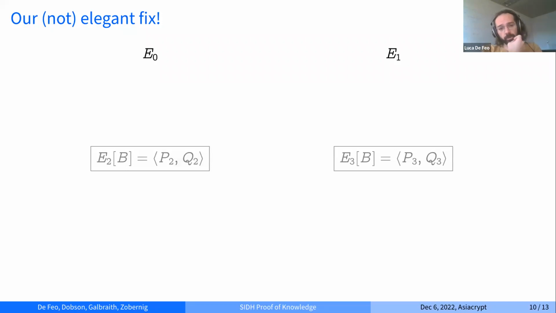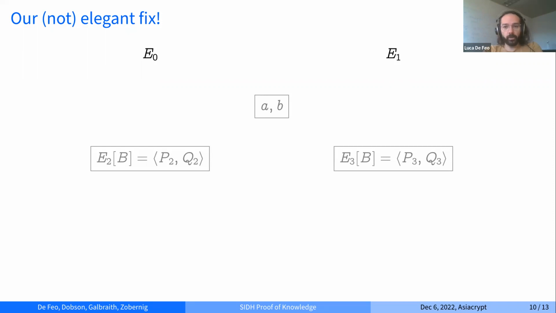So we'll take a random torsion basis P2, Q2 of the B-torsion. So this B is the same as the degree of the isogeny that goes from E0 to E2. And so this will be useful to describe the kernel of the vertical isogenies, psi and psi prime. We need to commit to something else. We need to commit to a pair of integers A and B, whose role is going to be clear immediately.